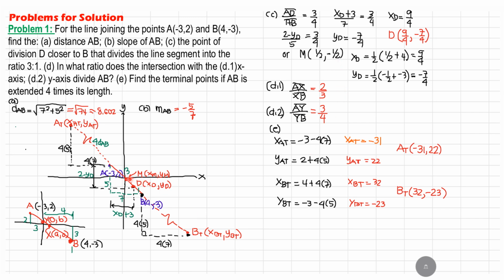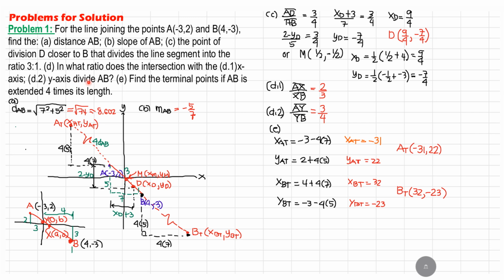So next is the midpoint of M and B, which is point D. So xD is 1/2 of quantity 1/2, because xM is 1/2, plus x of B, which is 4, and that is 9 over 4, which is the same as that. yD, on the other hand, is 1/2 of quantity negative 1/2 plus negative 3, and that is negative 7 over 4.